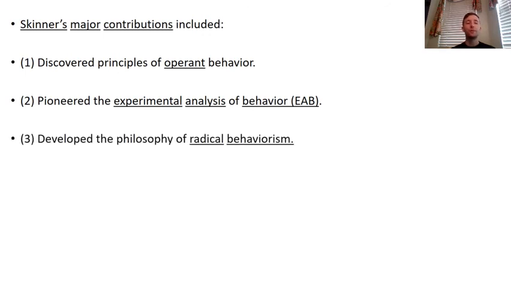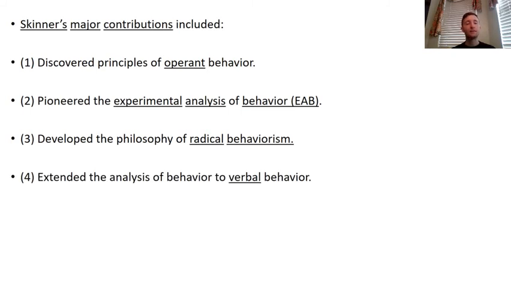Number 3, he developed the philosophy of radical behaviorism. Radical behaviorism is a type of behaviorism, and behaviorism is the philosophy underlying the science of behavior analysis. He extended the analysis of behavior to verbal behavior. And that's a critical feature of radical behaviorism, the extension of the analysis of behavior to verbal behavior. His initial experiments in which he discovered the principles of operant behavior were conducted with rats and pigeons.